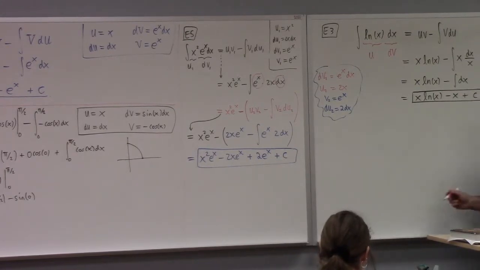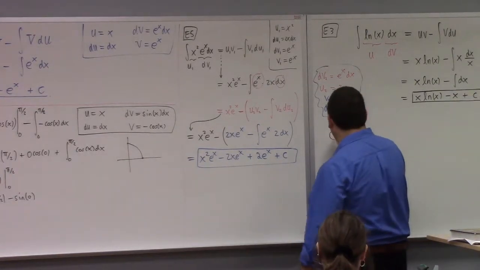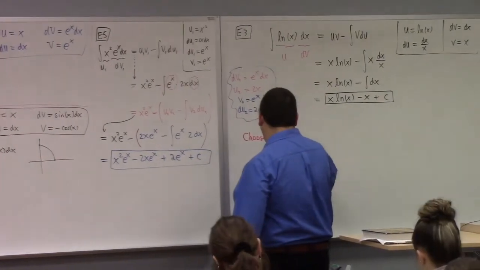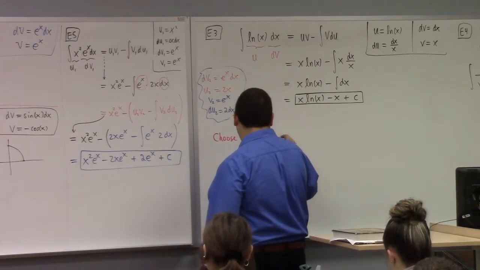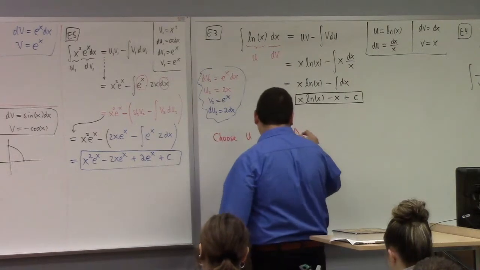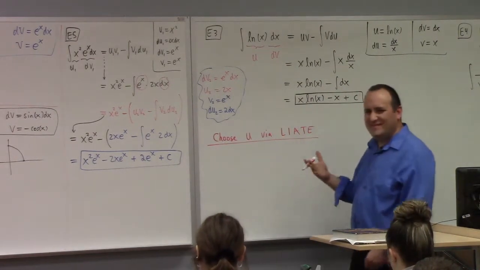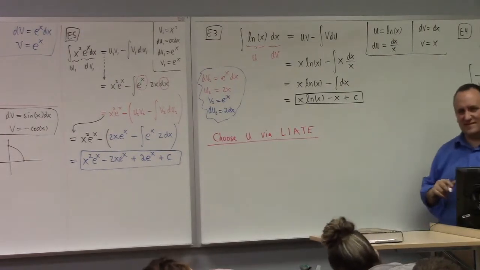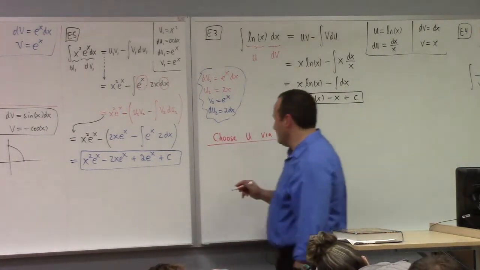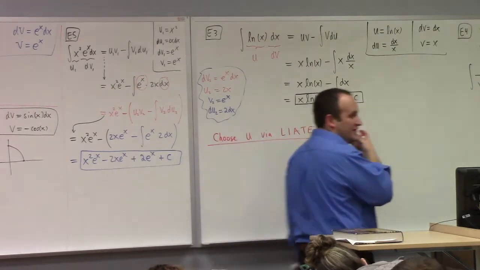So choose u via LIATE. And then this is generally successful. Here, I'll put it over here so everybody can see it.